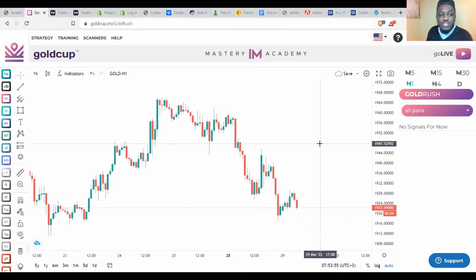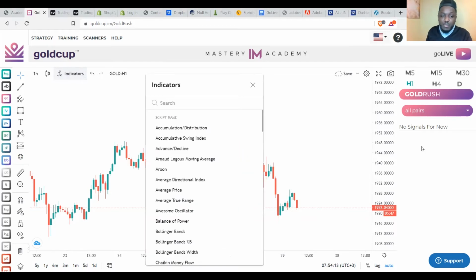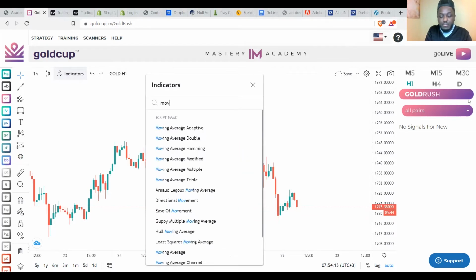Whatever platform you're using, just go to the place that says indicators. It's always going to be somewhere. It's either that funny looking F or the word itself that says indicators. So click on that, and then you're going to search for moving average. Now, there's different types of moving averages. There's the simple moving average, and then there's the exponential moving average.